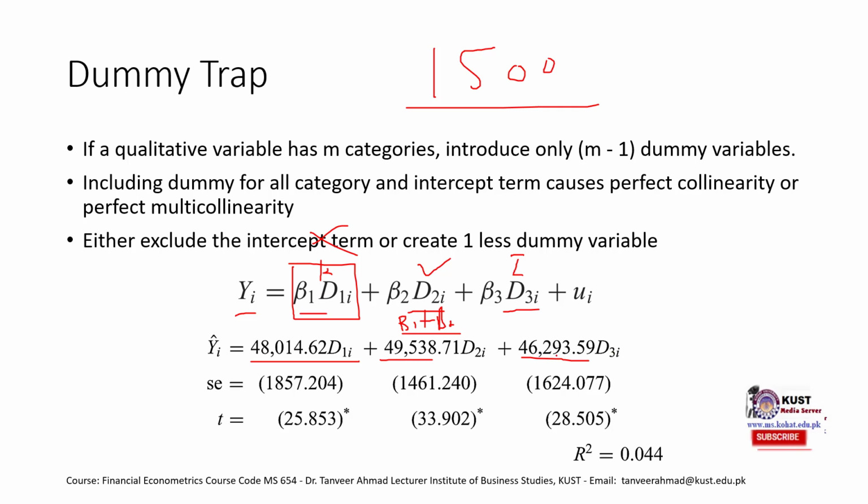And similarly, a person working in Islamabad would have a expected salary of 46,000, and this was beta 1 plus beta 3. So from previous slide again, what you can do is 48,014 minus the 1700 value that we had in our previous slides.